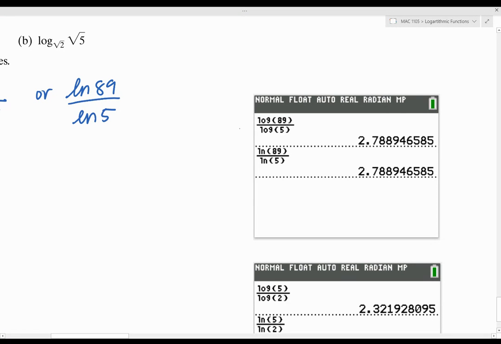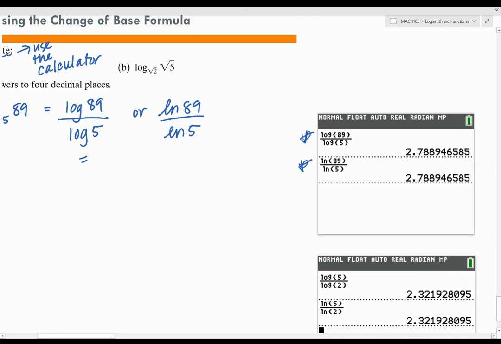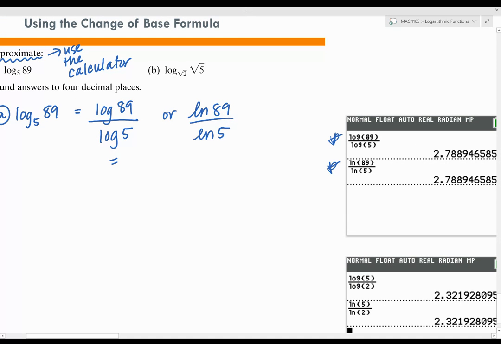If you use the common log version, it will look like the one on the top. The natural log version will look like the second one. And you can see you get the same exact decimal. So they told us to round to 4 decimal places. So our answer is going to be 2.7889.